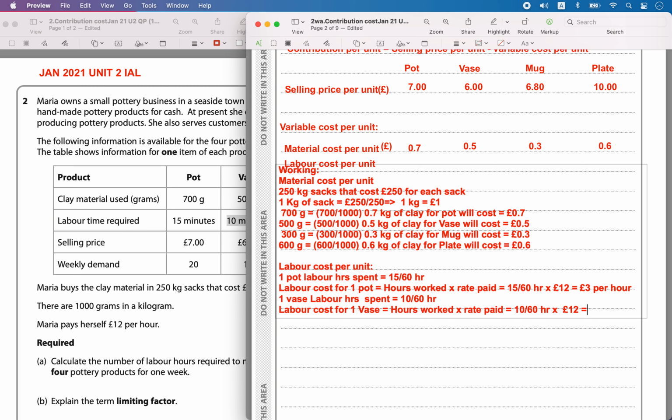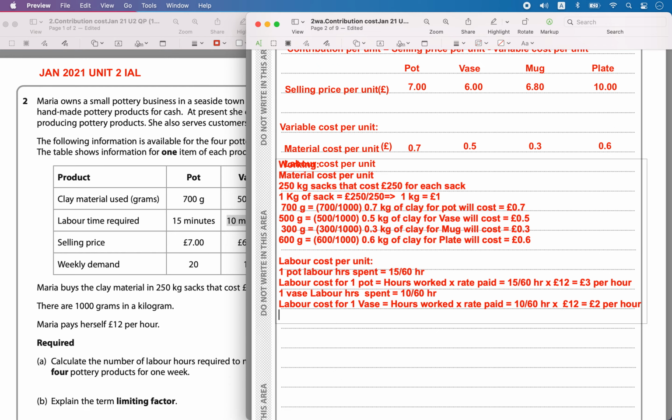So that is going to be equal to 10 divided by 60 into 12. So that is going to be 2 pounds. So she is getting paid 2 pounds.